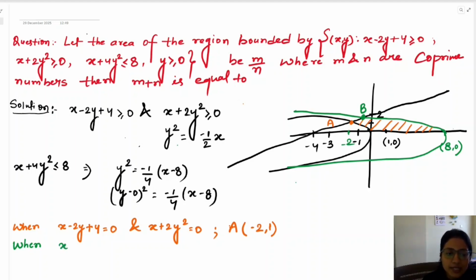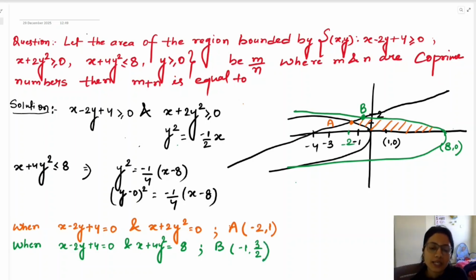So the straight line and the other parabola, x plus 4y square equal to 8. When we solve these two, we get the coordinates of point B, and that comes out as x equal to negative 1 and y equal to 3 by 2. Okay, we got A, we got B.